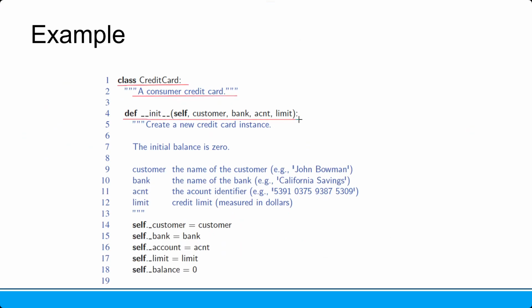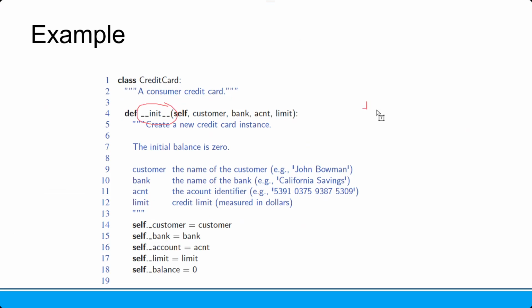So this is the constructor. So we have 1, 2, 3, 4 variables we want to create, and this is to construct the object. So when you create this init, please remember you need to write double underscore, okay?